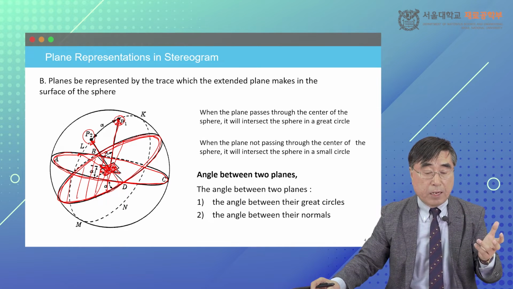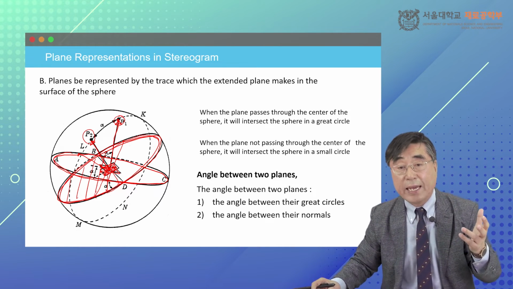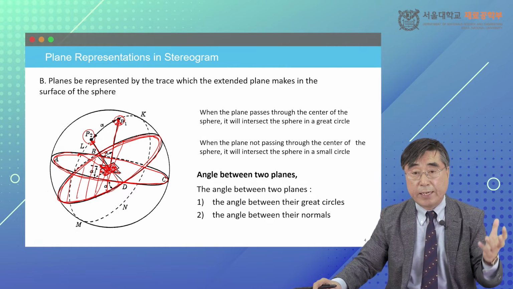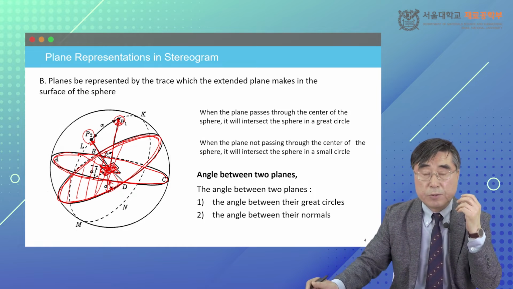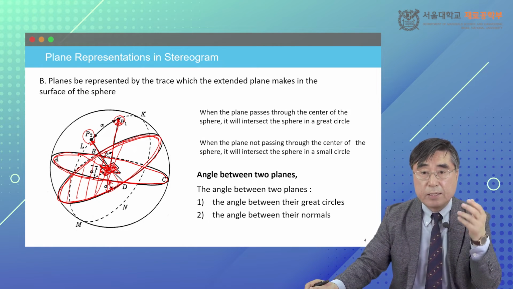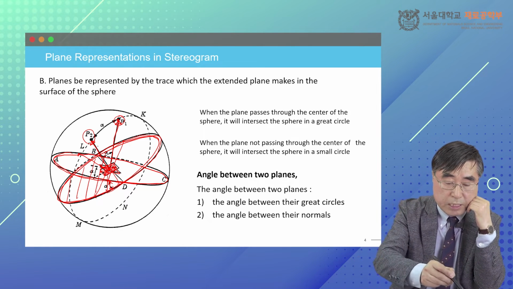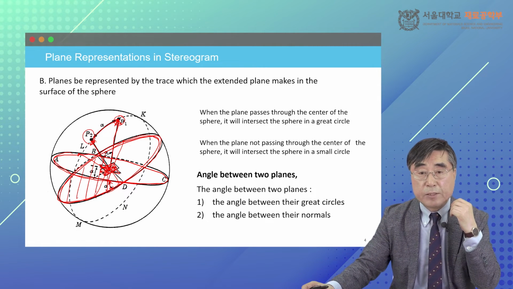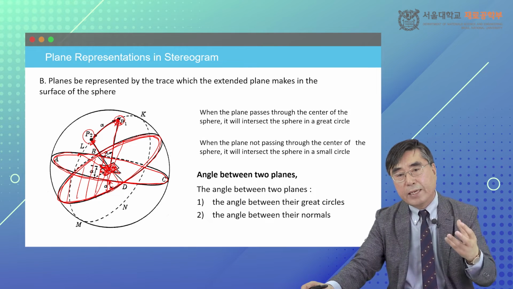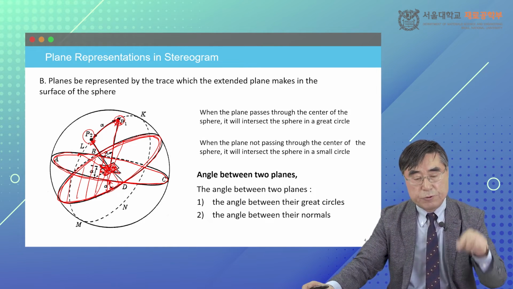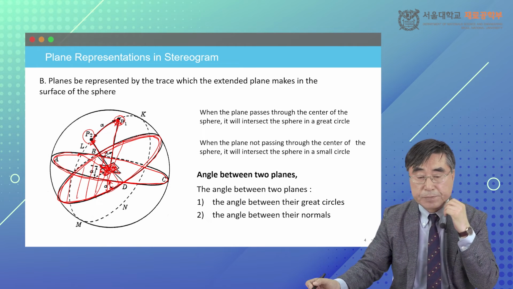And here, of course, you can find the angle between this P1 plane and P2 plane, but you can also define the angle between these two poles by the angle between this P1 point and P2 point. Okay, but in this case there is one critical assumption: these two planes should pass through the center of the sphere.